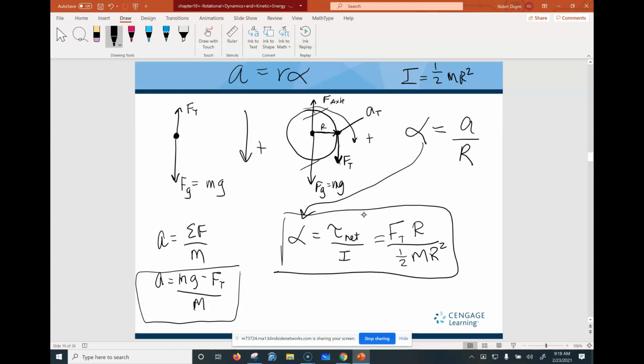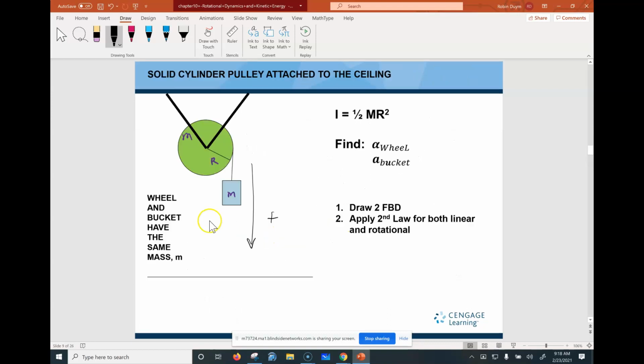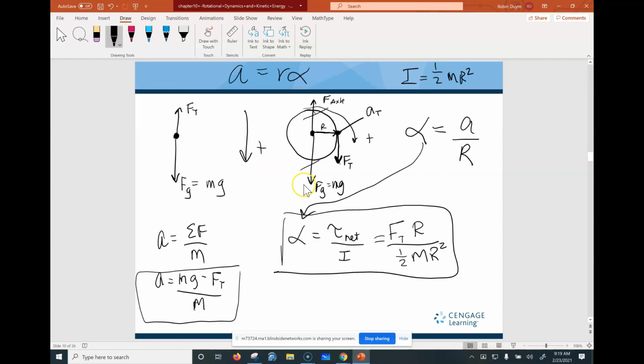That is going to be the same all along for that bucket. And that's why we're able to relate the acceleration of that object that's moving downward with the tangential. And that tangential is just related using that bridge equation, A equals R alpha.